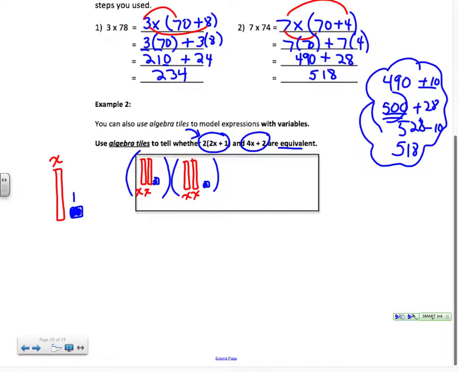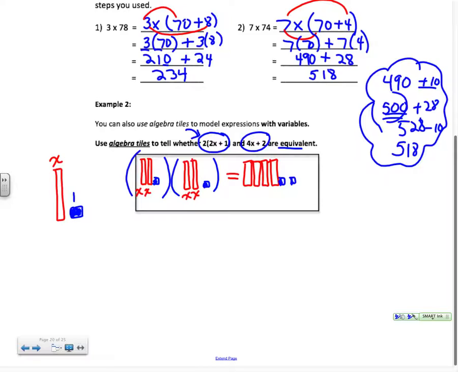Is that the same as 4x's plus 2? Well, if I counted them, if I put them all together, let me count. 1, 2, 3, there's 4x's, just grouping them together differently, plus there's a 1 square, which is an integer 1, and another one, which is the integer 1.